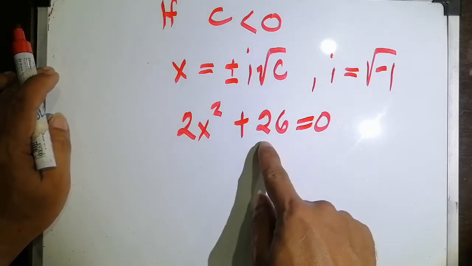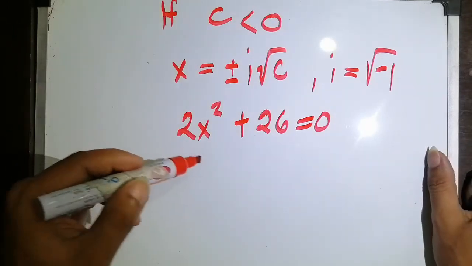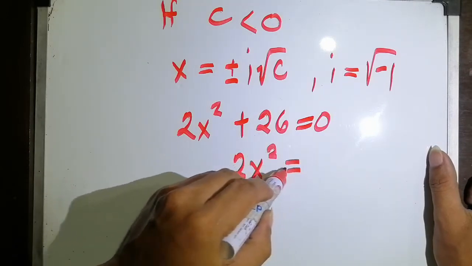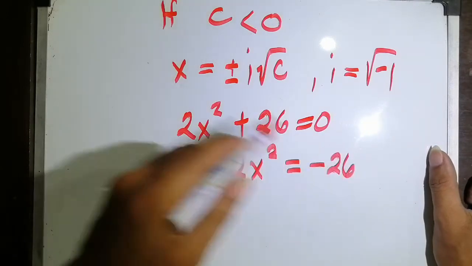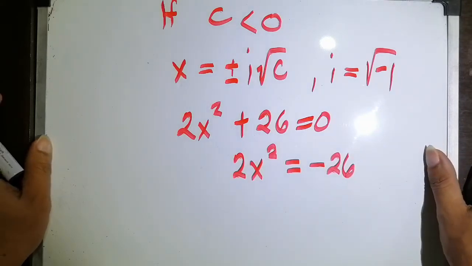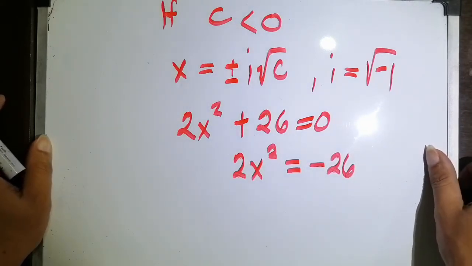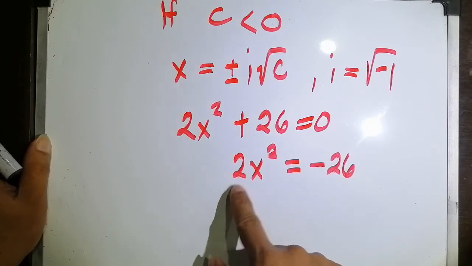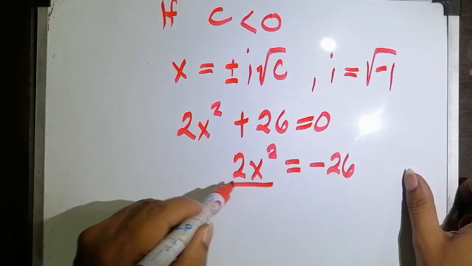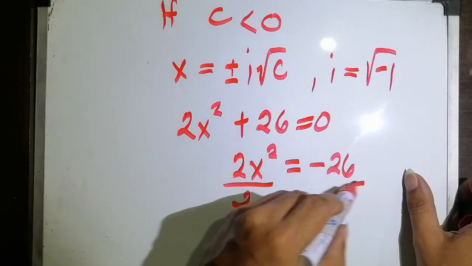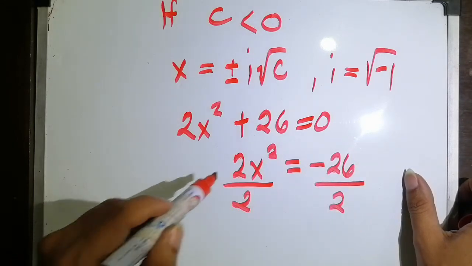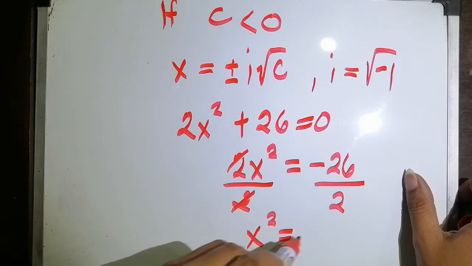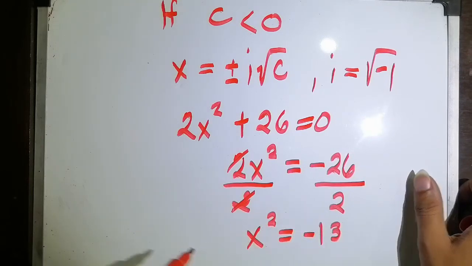So, gagawin natin, i-transpose muna natin to sa kabilang side. So, magiging 2x squared equals negative 26. Okay? So, ang gagawin natin ngayon, i-divide muna natin siya both sides ng 2 para matanggal yung coefficient nito. So, let's divide. Cancel. So x squared is equal to negative 13.